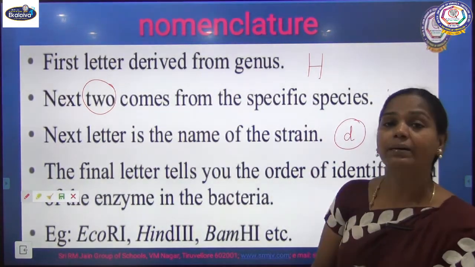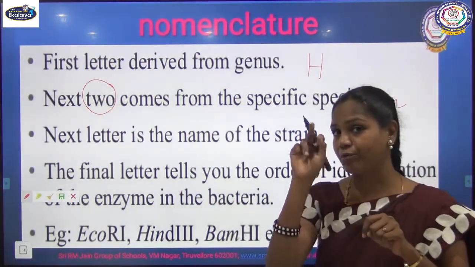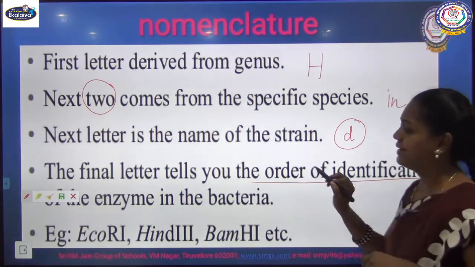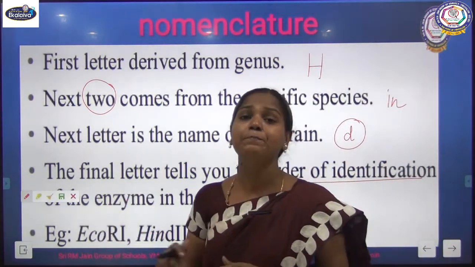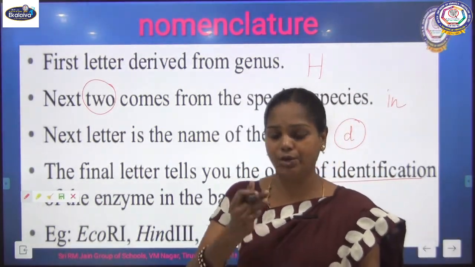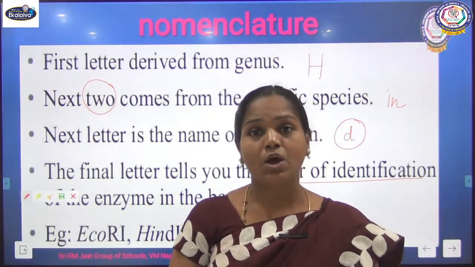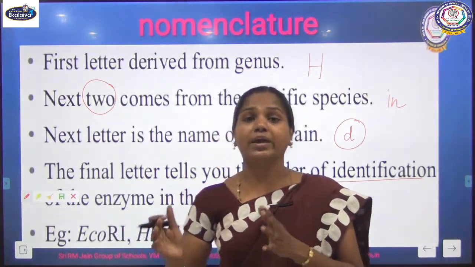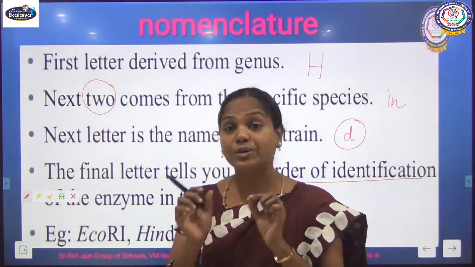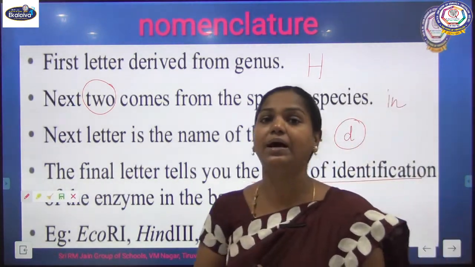The final letter, using Roman numbers, tells you the order of identification of that particular enzyme: first discovered, second discovered. For example, besides HIN2, we even have the HIN3 enzyme, which was discovered after HIN2. So it shows the order of discovery of that particular enzyme.